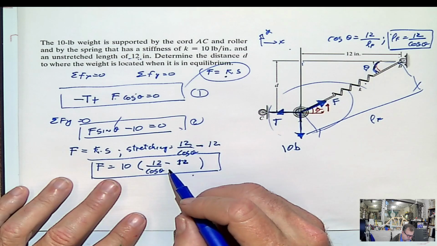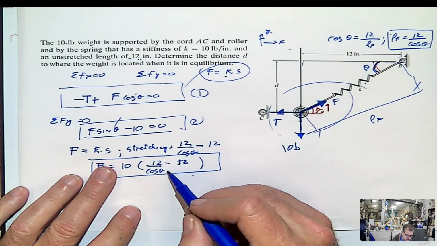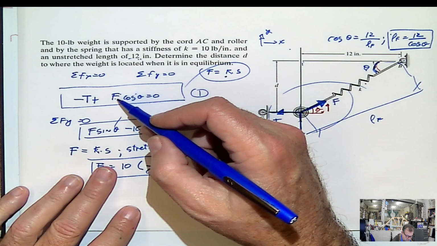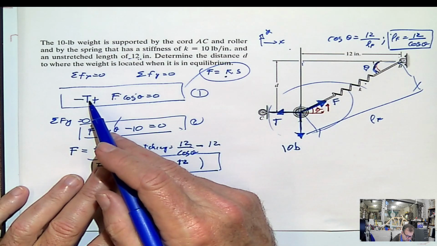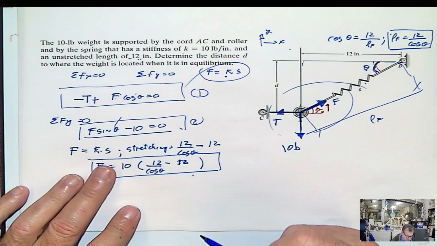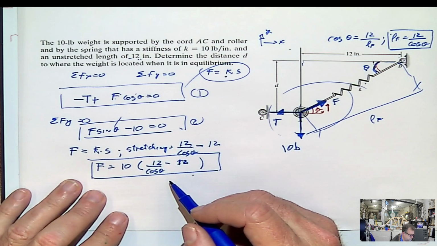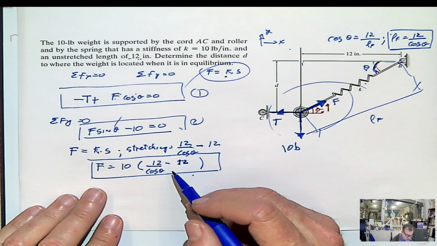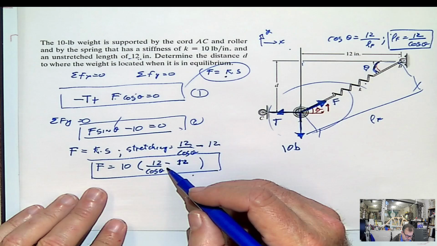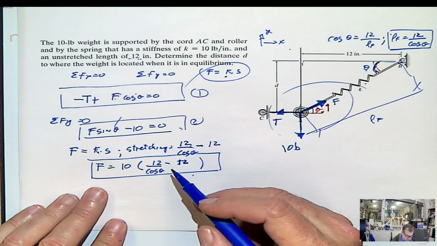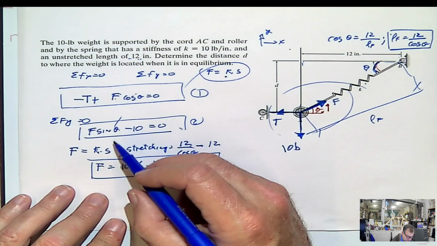Whatever I find for the force, then everything will be just in terms of the tension and cosine theta. So let's do that. I'm gonna put this in this equation.